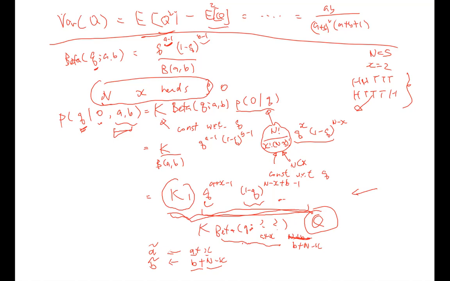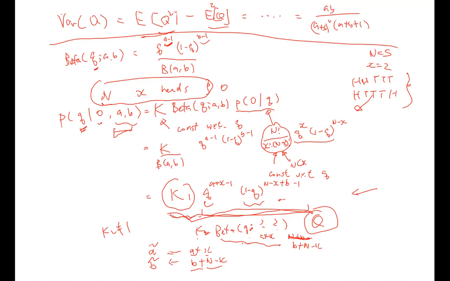Why not beta of q multiplied by some k2, where k2 is not equal to 1? I claimed immediately that this is a beta distribution without any scaling factor. It's just equal to beta of q with a plus x, b plus n minus x, but not k2 times that with k2 not equal to 1.